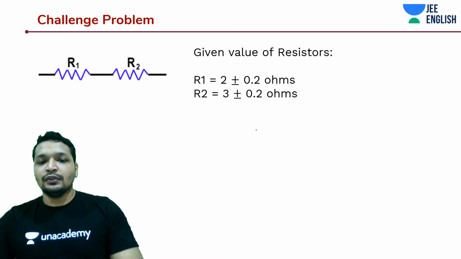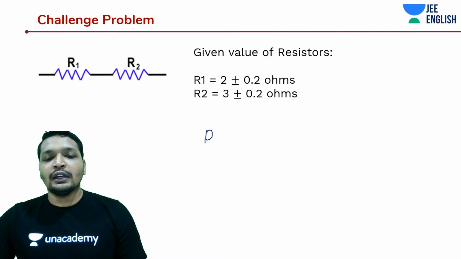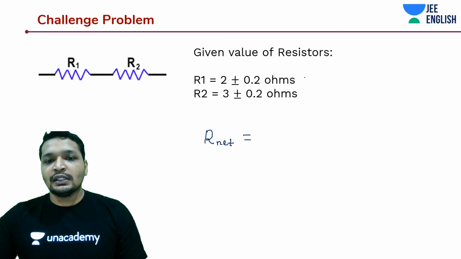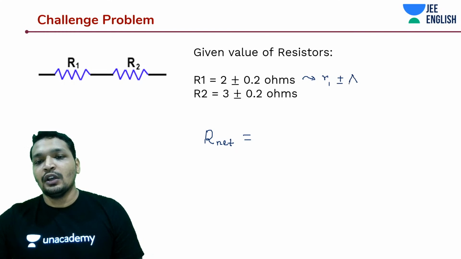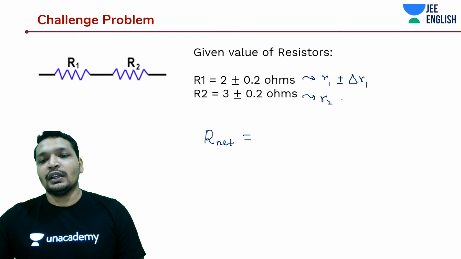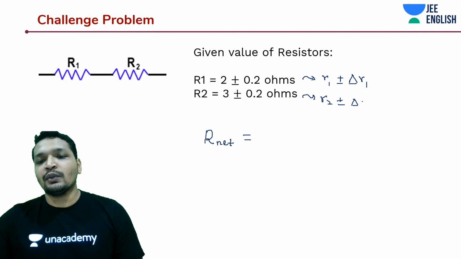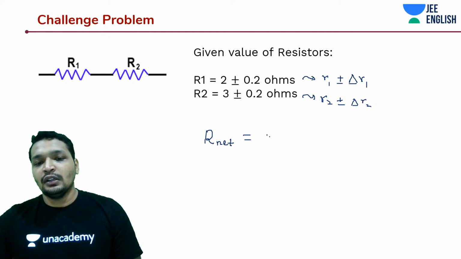You want to find out net resistance. R net is equal to, so this should only be your practice session, not your real session, guys. You don't do this entire thing. You directly write it down as R1 plus R2, something like that.